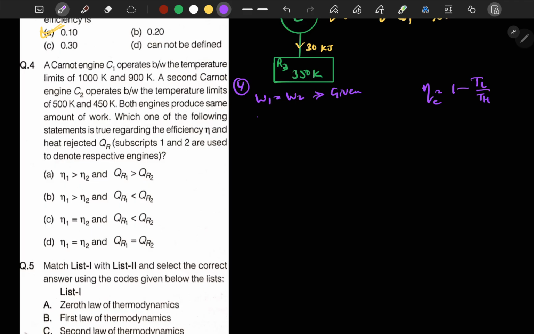So efficiency 1 is equal to 1 minus 900 divided by 1000, so this will be 0.1. Now efficiency 2 will be 1 minus 450 divided by 500, so this will come out to be again 0.1.